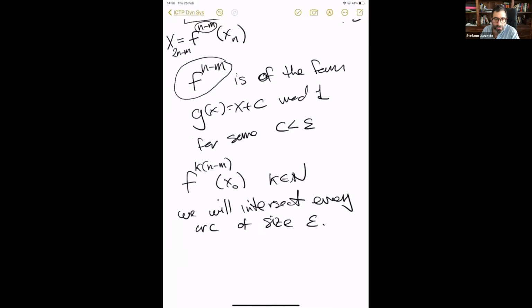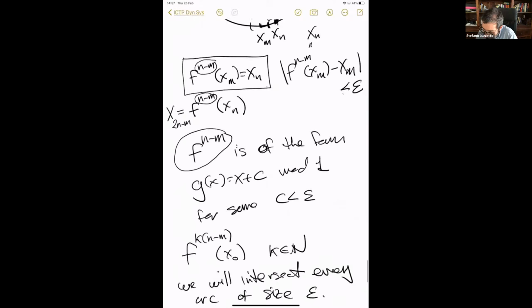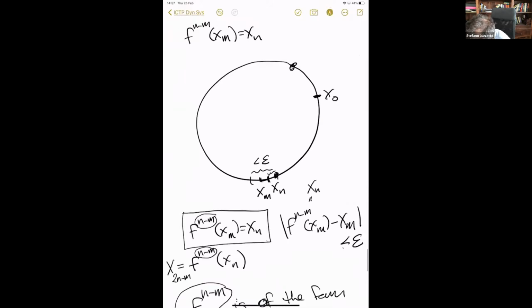Because you're taking iterates. So f^(n−m) is a small translation of size less than epsilon, and then you apply it again and again and again. So here you start with x0, and the original translation was b, x0 plus b, but now if you apply f^(n−m) to x0, you will land very close, by less than epsilon.